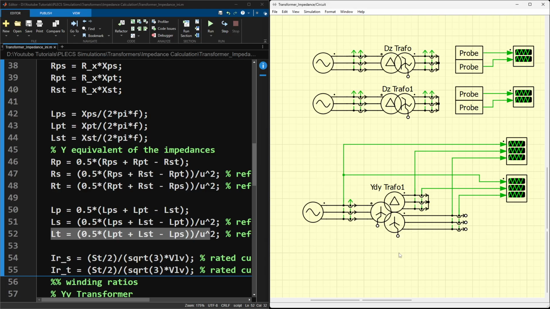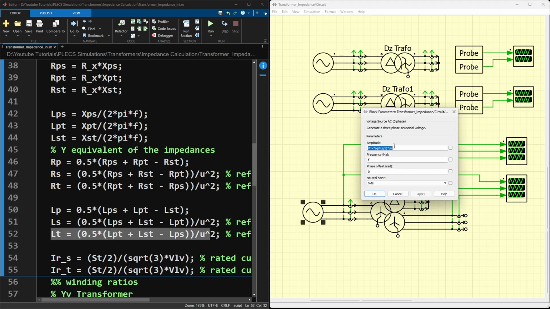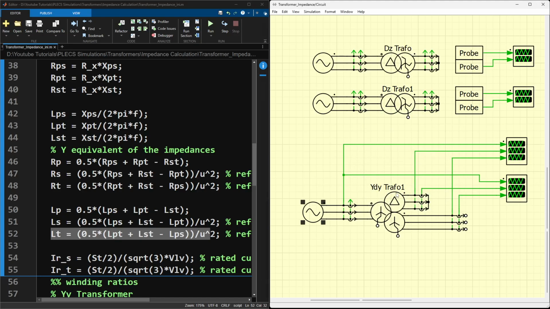And to verify, if we apply the percentage of voltage on the primary side and short circuit on the secondary side or tertiary side, it's important to note that according to the IEC standard, one of the secondary sides of a three-winding transformer has to be short circuited and the other has to remain open.